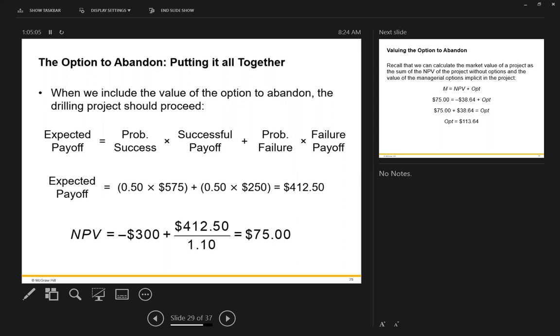So we have a 50% chance of that happening. So the expected payoff, according to our probabilities, is $412.50. Now we have a positive net present value. So you have to take into account these real options that exist when doing this analysis. And you can see how it affects if we abandon a project or not.